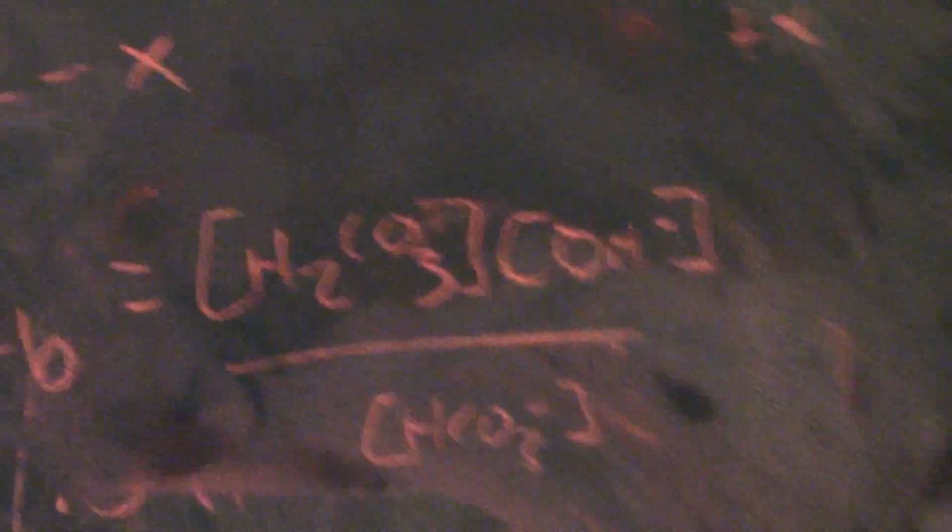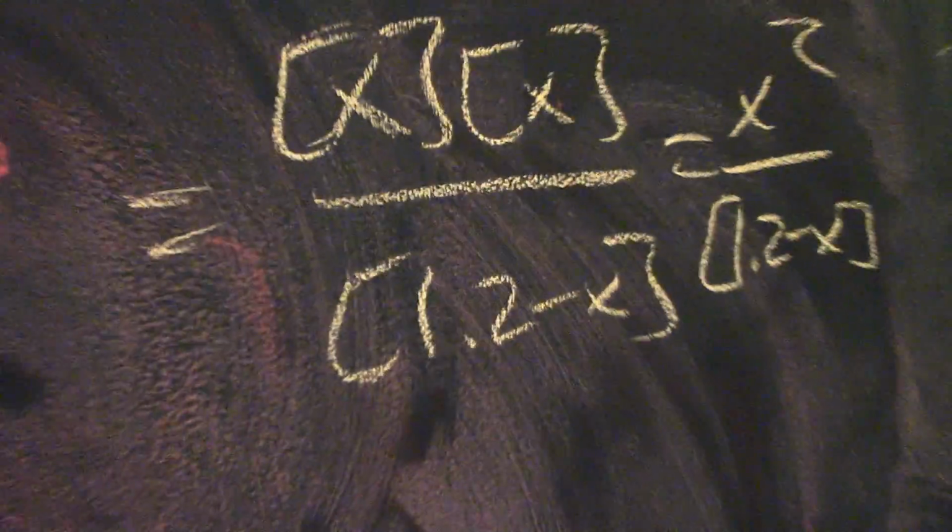Now let's fill these in. So this is going to equal X times X over 1.2 minus X, which equals X squared over 1.2 minus X. So what I'm going to do here is check the 5% rule.